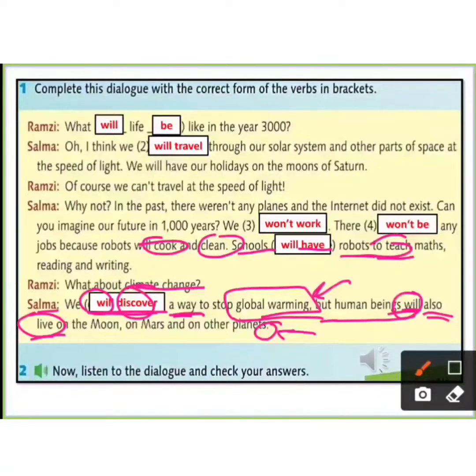We just live on Earth. All human beings live on Earth. But in the future, Selma said that we will also live on the moon. On Mars. Mars, this is the name of a planet, and on other planets.